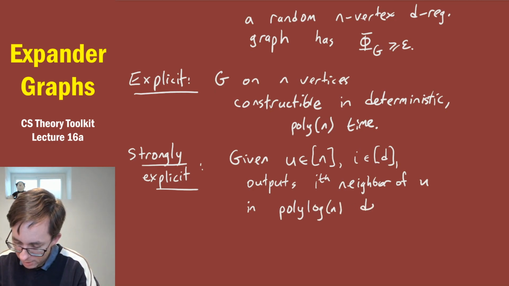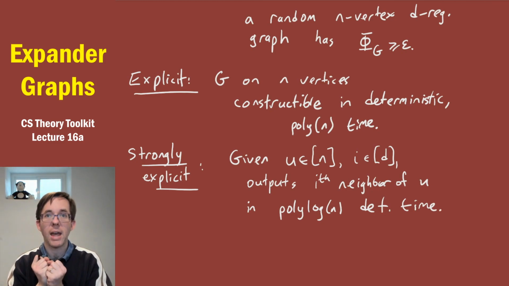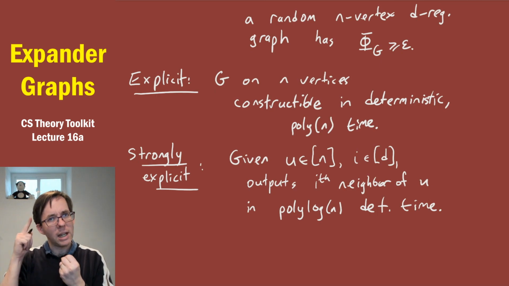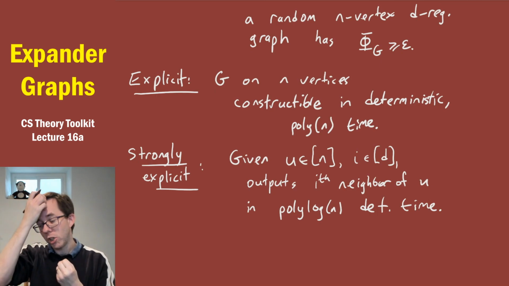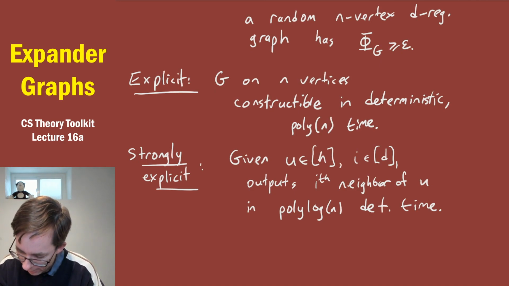And it should be deterministic. Okay, so a graph family is strongly explicit if you have some algorithm that, I'm thinking of a graph on exponentially many vertices. Well, let's write this as a capital N.